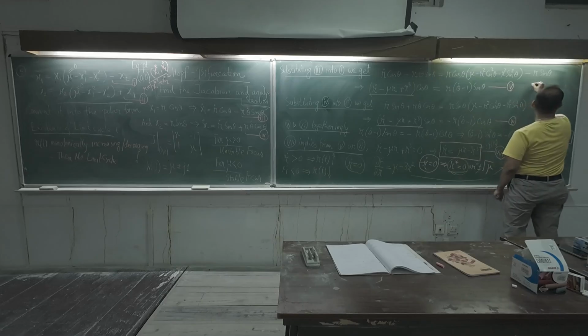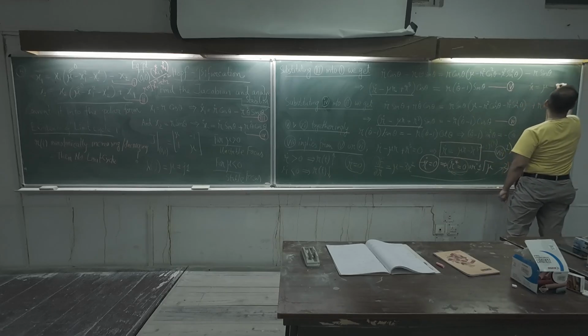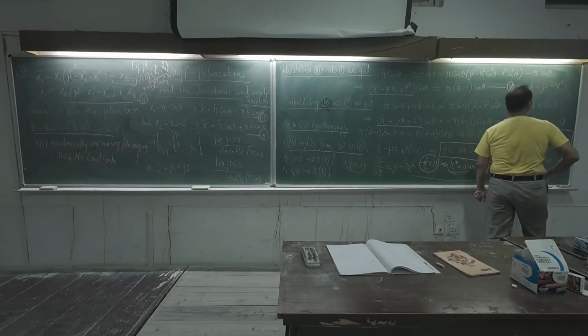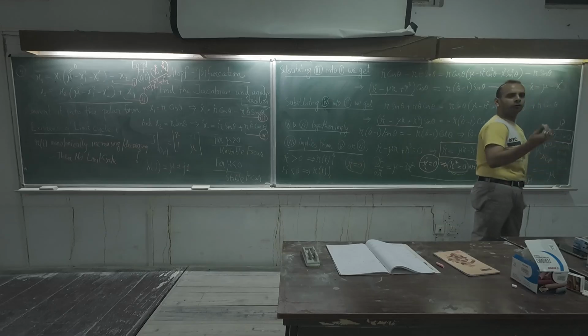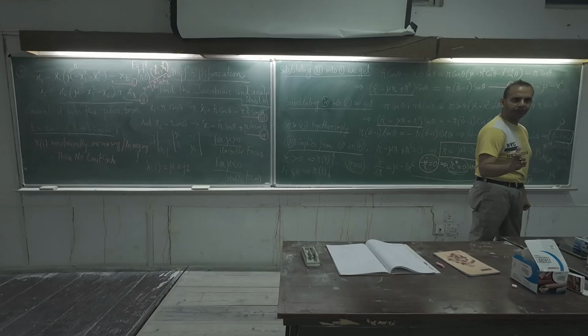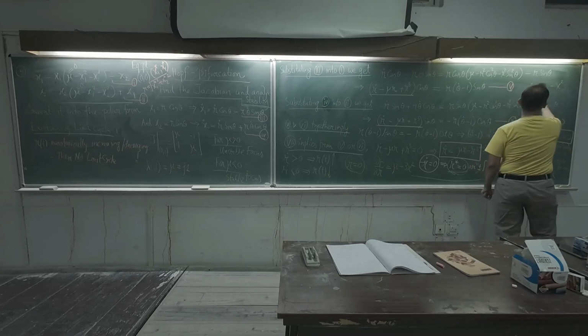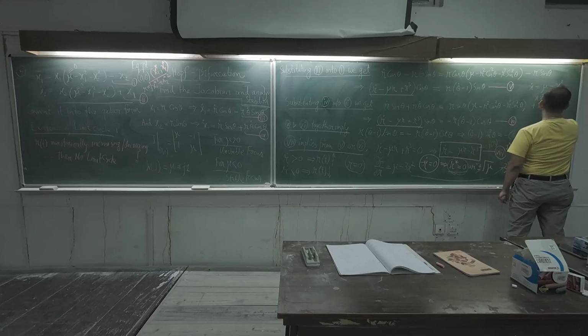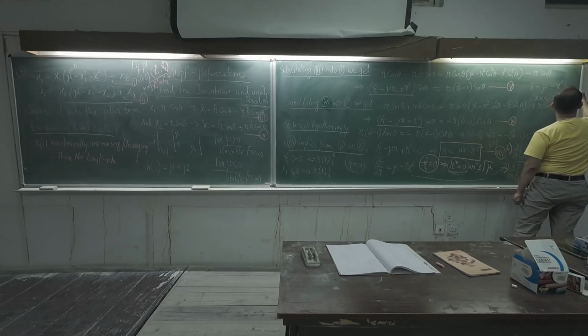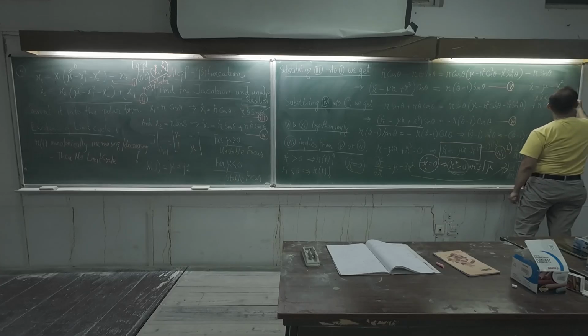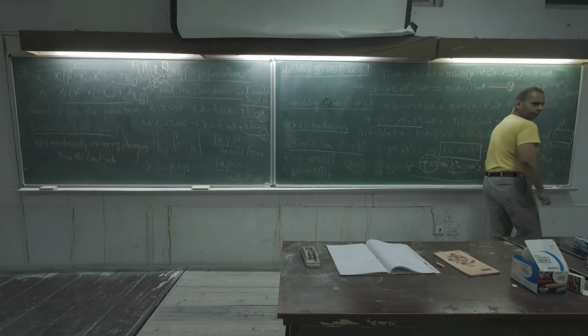How can you find out whether an equilibrium has an attractive or repelling nature? x into x dot has to be negative. That means if x into x dot is less than 0, that gives you the attractive or stable nature, an attractive equilibrium point. Do all of you agree with that?